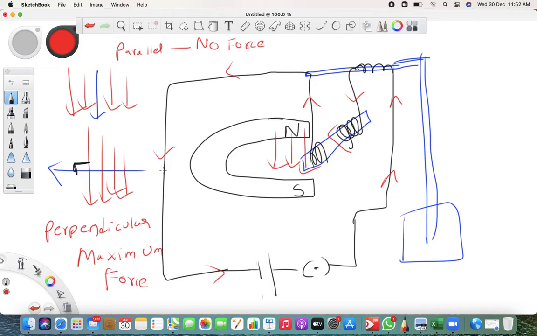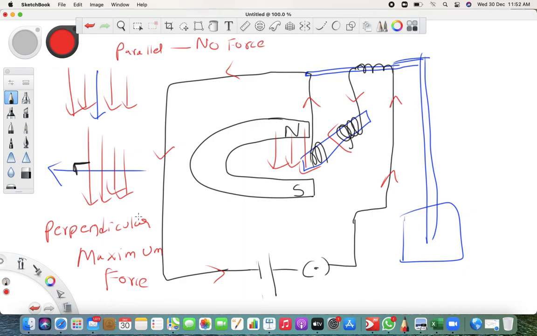So we have to put a wire in such a way that the direction of current and the magnetic field are perpendicular. The blue line represents the direction of current and the red line represents the magnetic field lines.